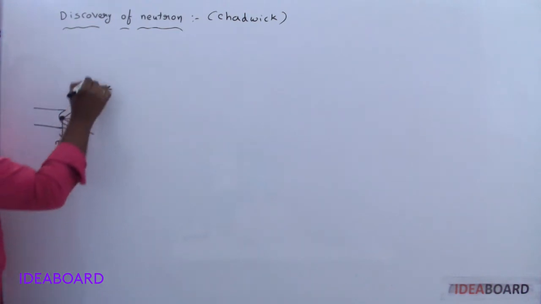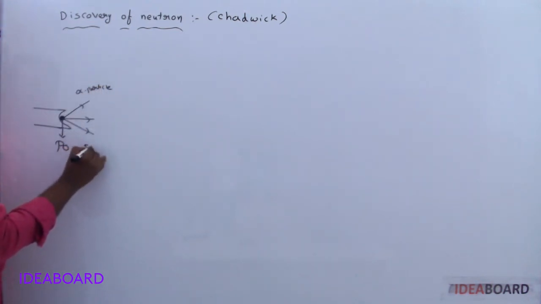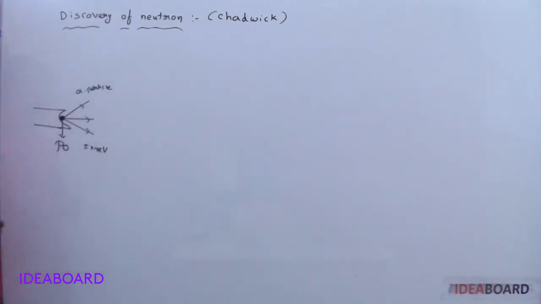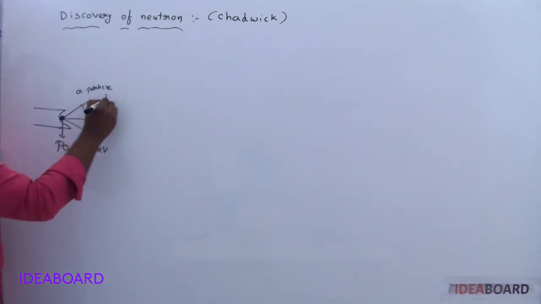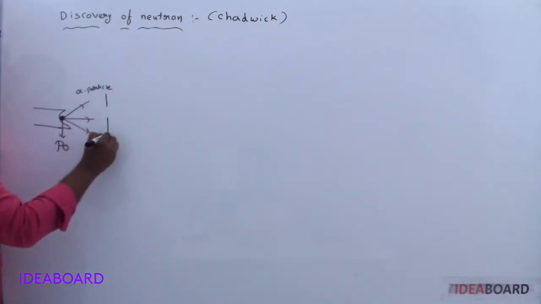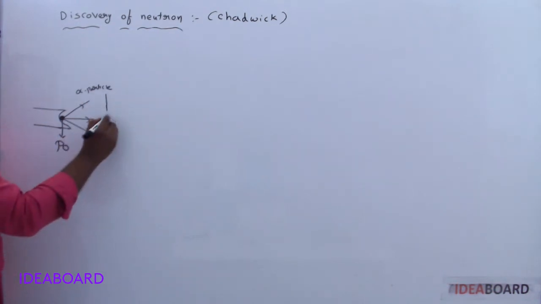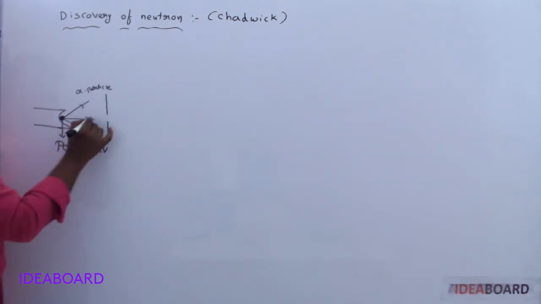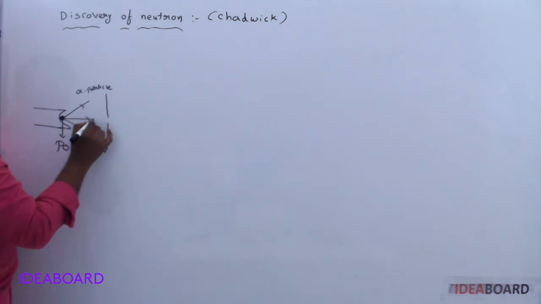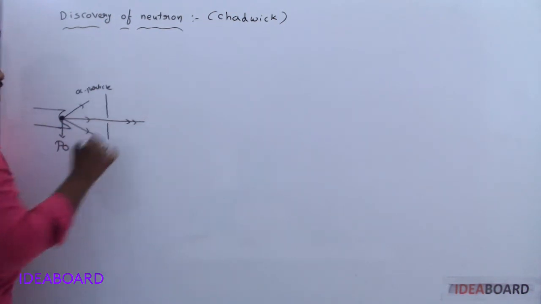They have a certain amount of energy, nearly 5 MeV. Now these are collimated by means of a slit. Whenever they pass through the slit, they become a fine pencil of beam.